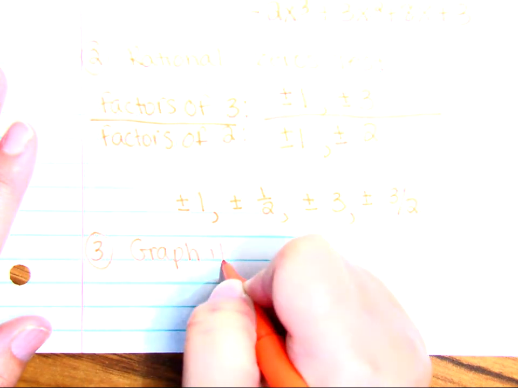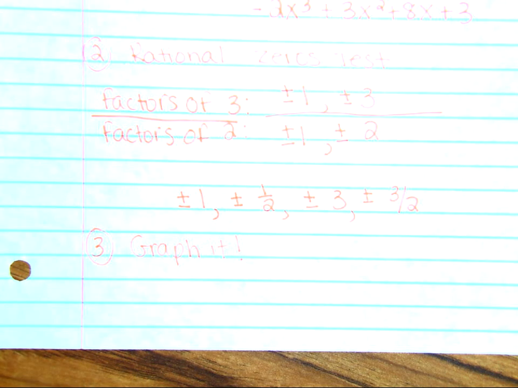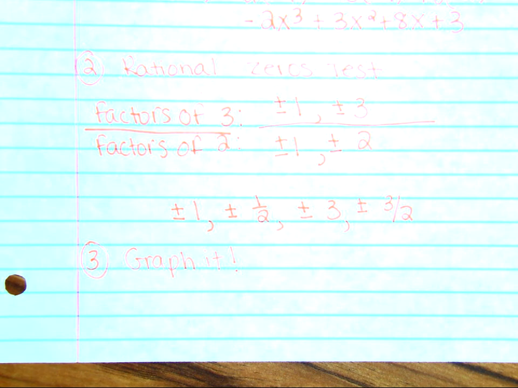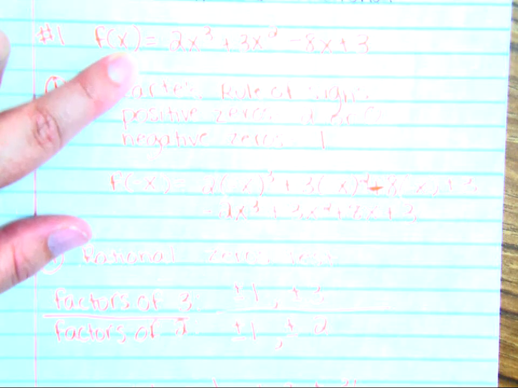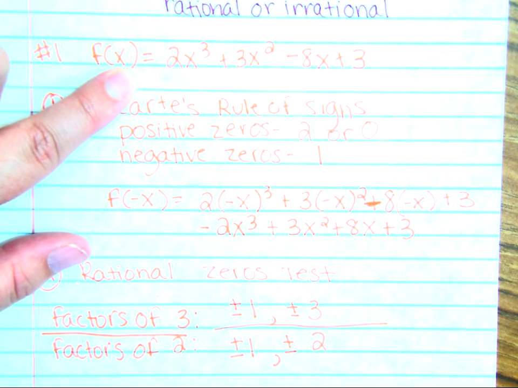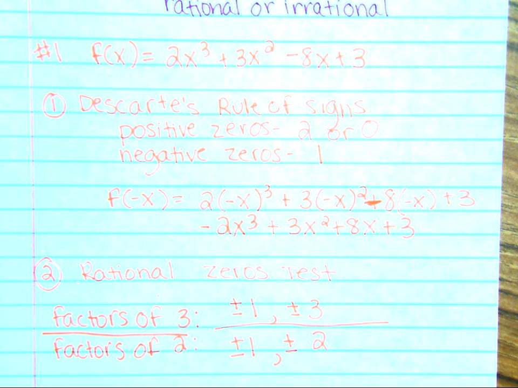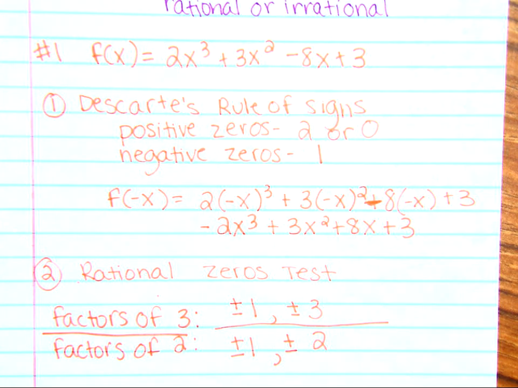So, on your graphing calculator, go ahead and get that out while we're doing this. I'll give you a second to do that. Go ahead and put in your original function. So make sure you go all the way back up here. 2x cubed plus 3x squared minus 8x plus 3.